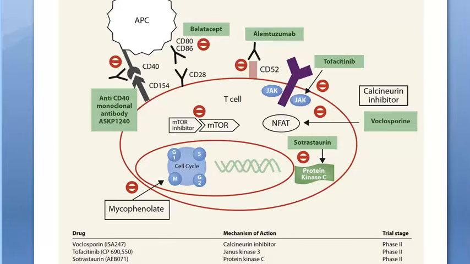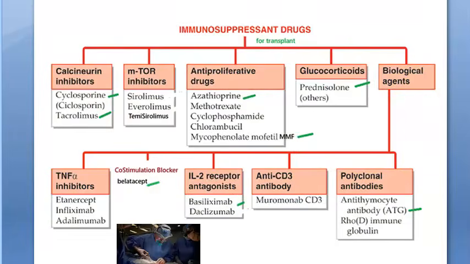It blocks this so that T cell activation is selectively inhibited. So this is all about the classification of immunosuppressant drugs, especially for transplant. Note that we are not writing methotrexate in the exam.